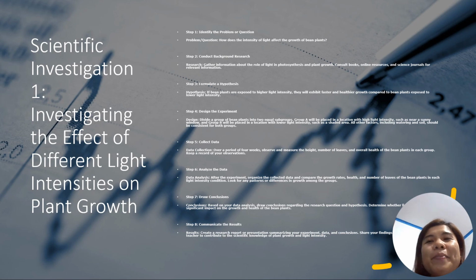Now, second step, conduct background research. Gather information about the role of light in photosynthesis and plant growth. You consult books, online resources, and science journals for relevant information. Do not just rely on one source of information.